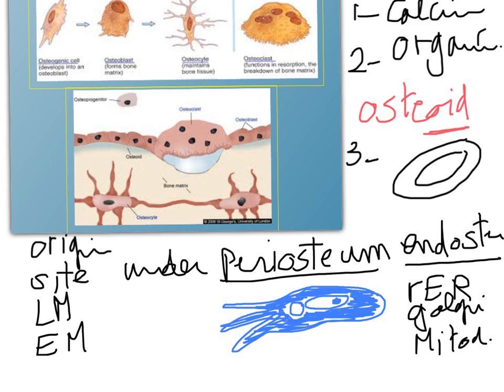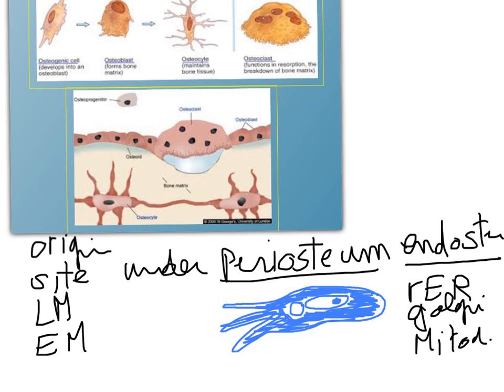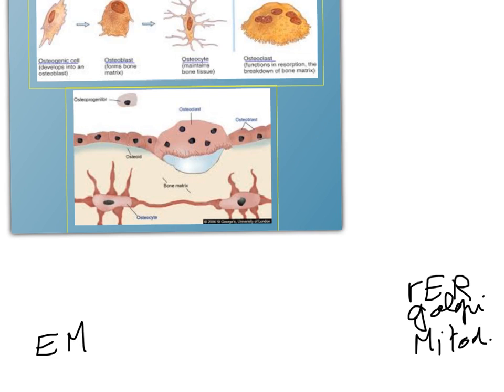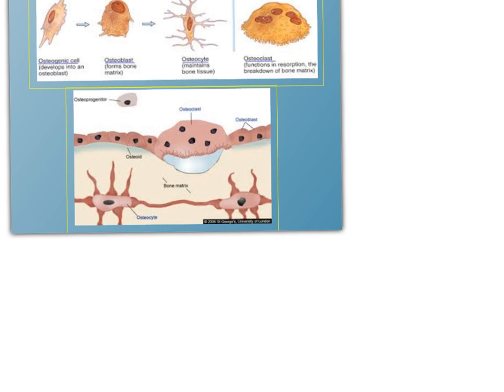Then we have the osteocyte, which is the mature cell here. We will move from the features and functions of the osteoblast to talk about the osteocytes. The osteocytes are the mature bone cells.